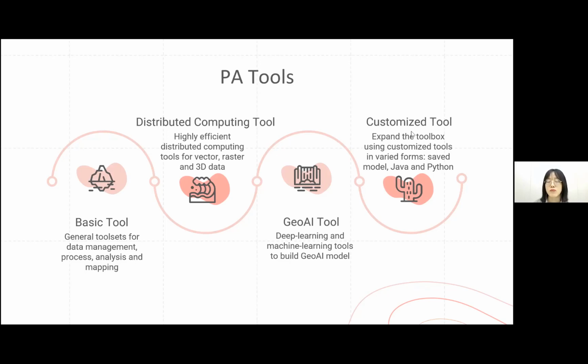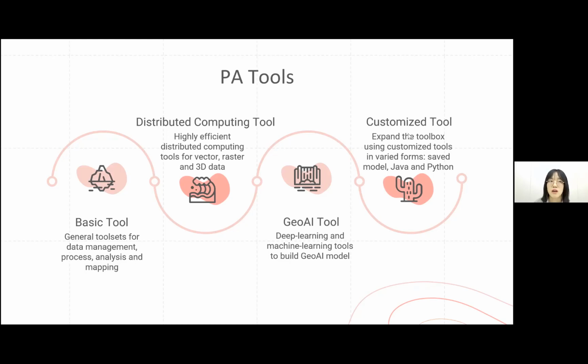And finally, the last category is called customized tool. As we said before, you can save your model as a tool in your desktop software, and that tool created and saved by yourself can be called a customized tool.